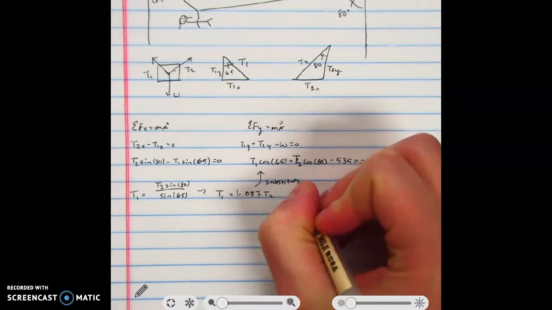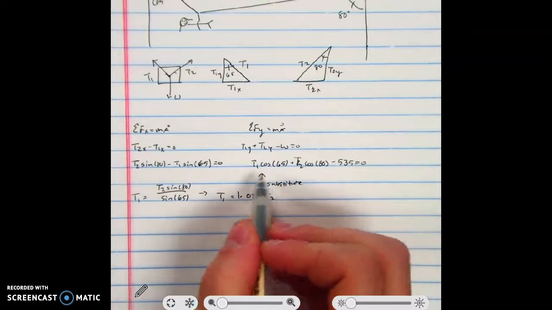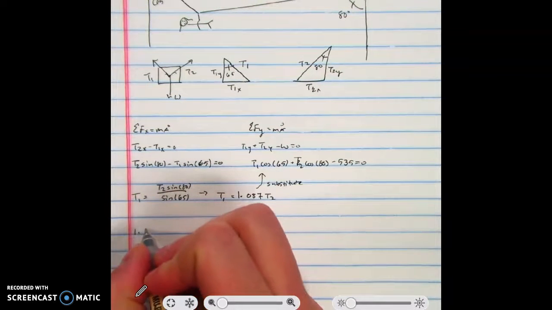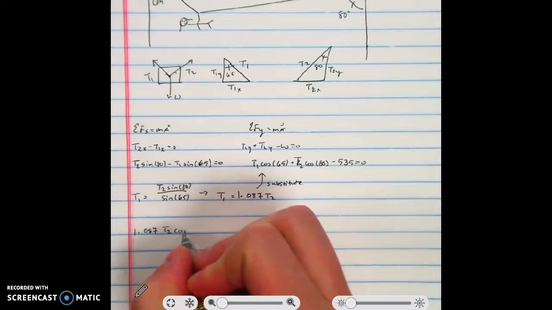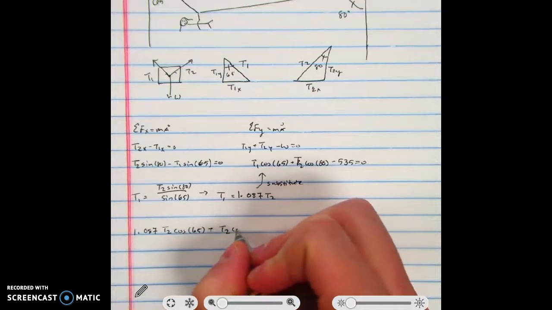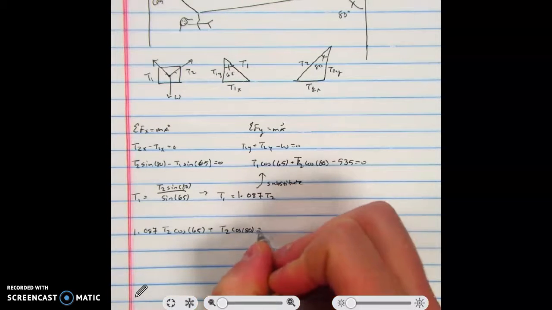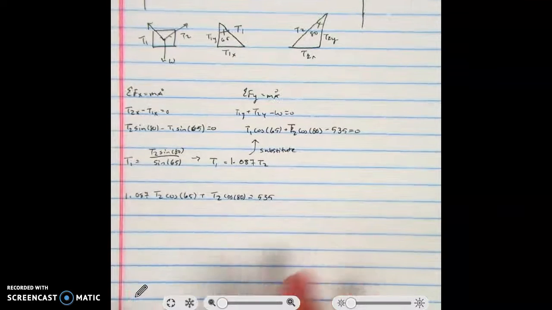So this is now written as 1.087 T2 cosine 65 plus T2 cosine 80 equals 535, just moving the 535 over.